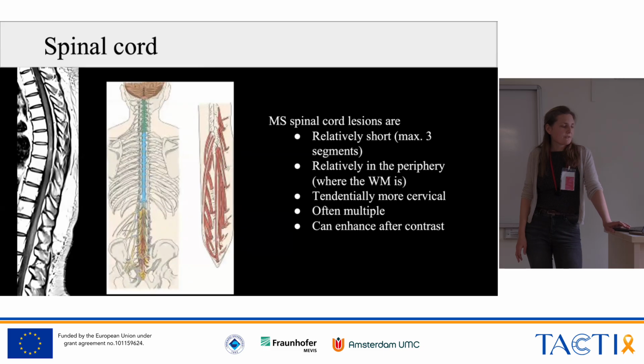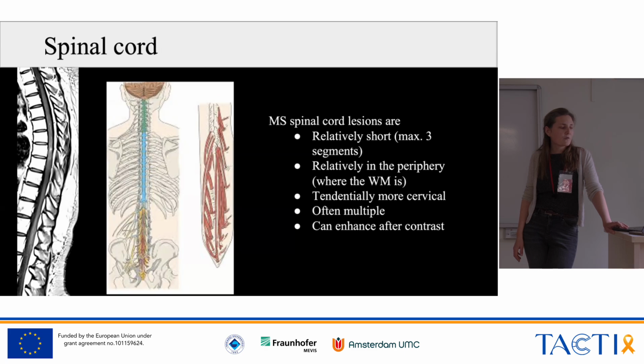In the spinal cord, we can keep it very short. In MS, what I'm looking for is short lesions. MS lesions are relatively short and less extensive compared to their differentials. Very often there are multiple lesions, and very often they do not cover the entire segment, but you'll see later what I mean by that.